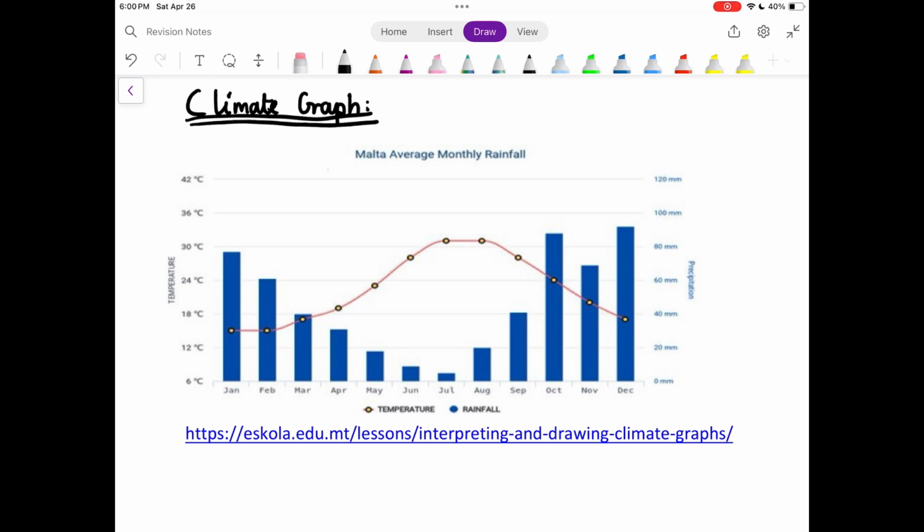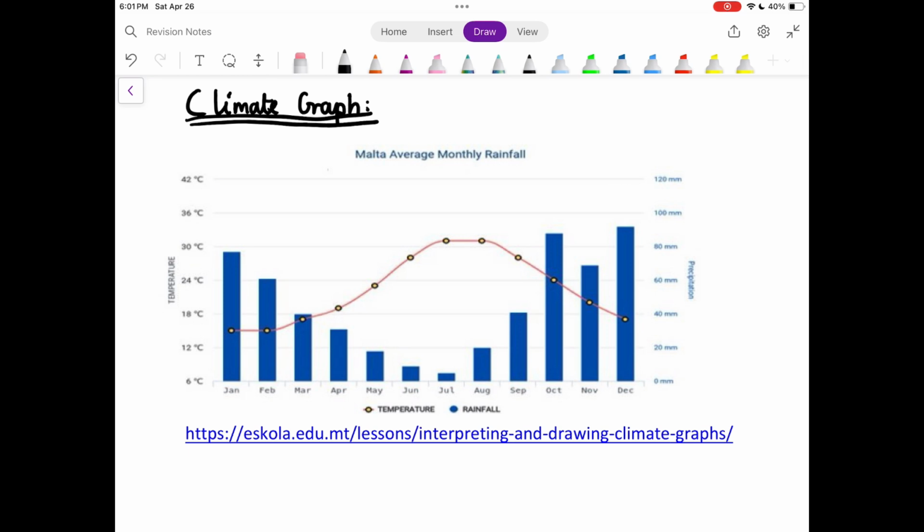And as you can see, the rainfall is also shown on this graph. So the bars represent the millimeters of rainfall in that month. So as you can see, it decreases as you go into summer, which is the June, July, August period, and then it increases back up as you approach December.